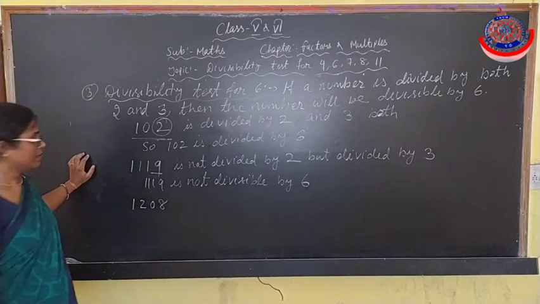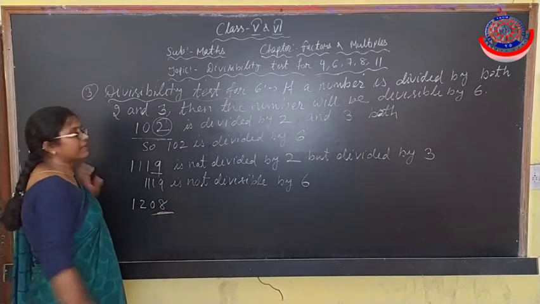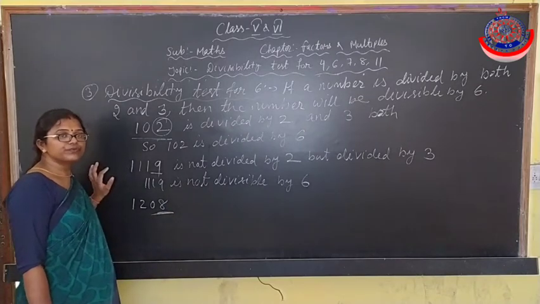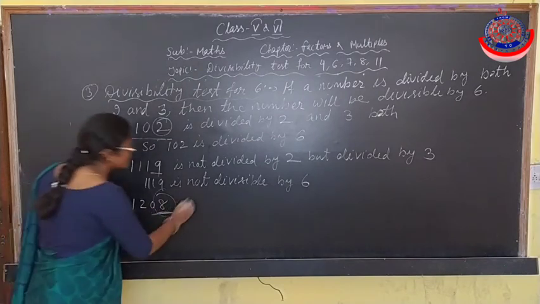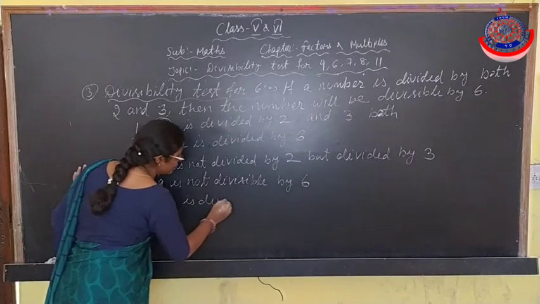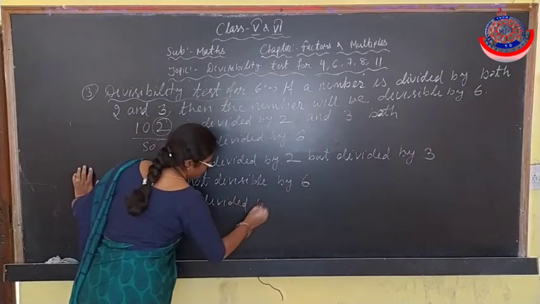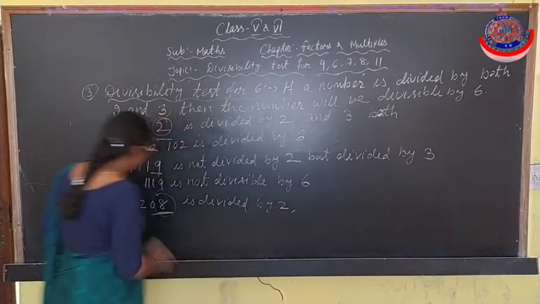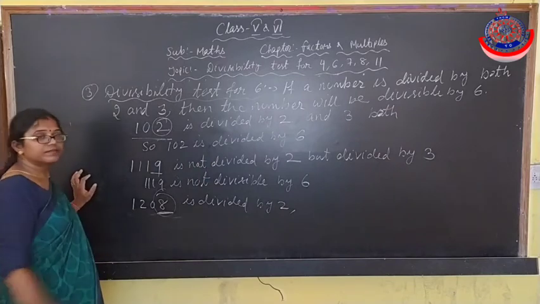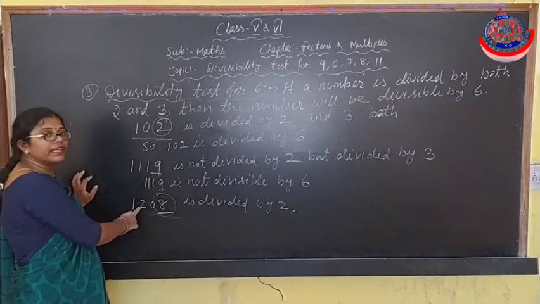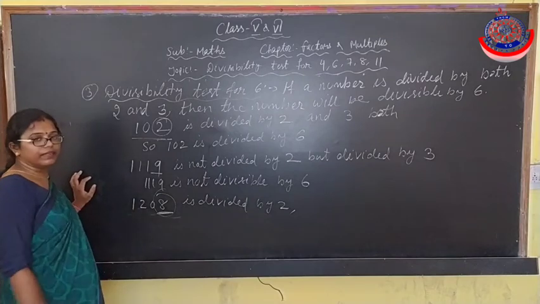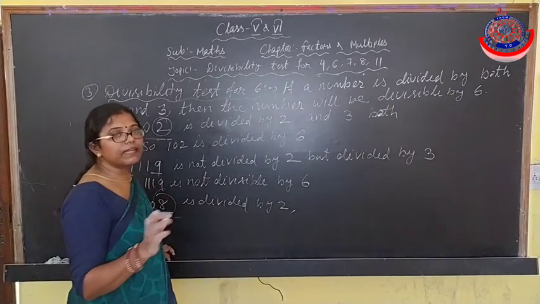1,208. Is this number divisible by 2? Yes, because 8 is there in its ones place, it is divisible by 2. Is it divisible by 3? Now check the sum of digits. 8 plus 2, 10, 10 plus 1, 11. That means 11 is not divisible by 3.